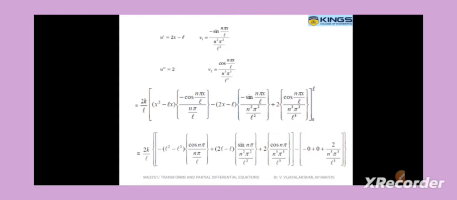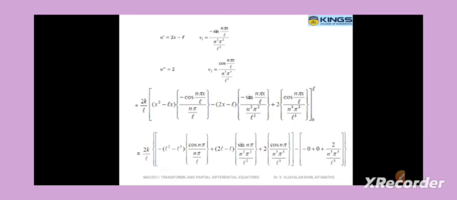Again we integrate with respect to x to get the value of v2. We know that integration of sine is minus cos, and already we have one minus symbol, so v2 is plus cos n pi x by L divided by n pi by L. Already we have n square pi square by L square, so now it is n cube pi cube by L cube.